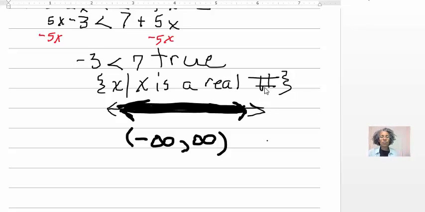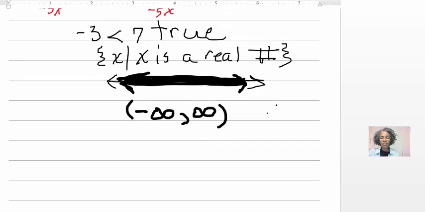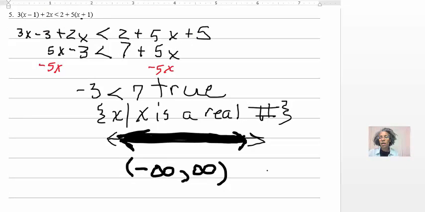Okay, so that's how we would solve this situation where the variable drops out of our inequality and the statement that results is true. The solution set consists of all real numbers. And here's how I represent the set of all real numbers. All right, and we're going to stop there and hope that this was helpful.